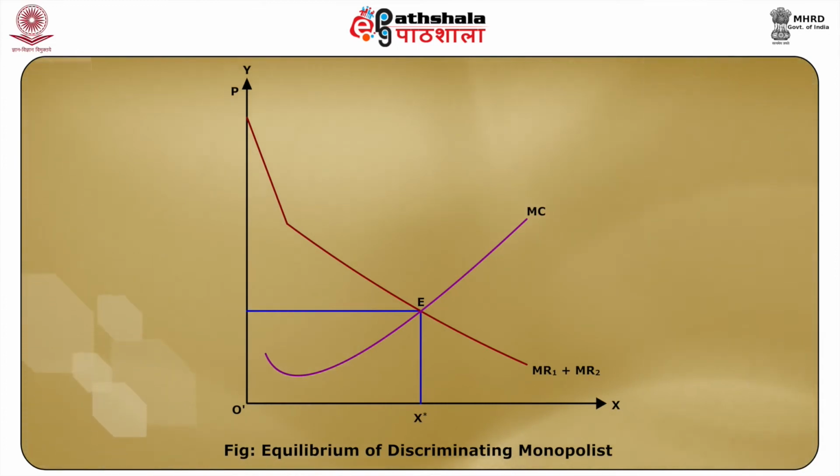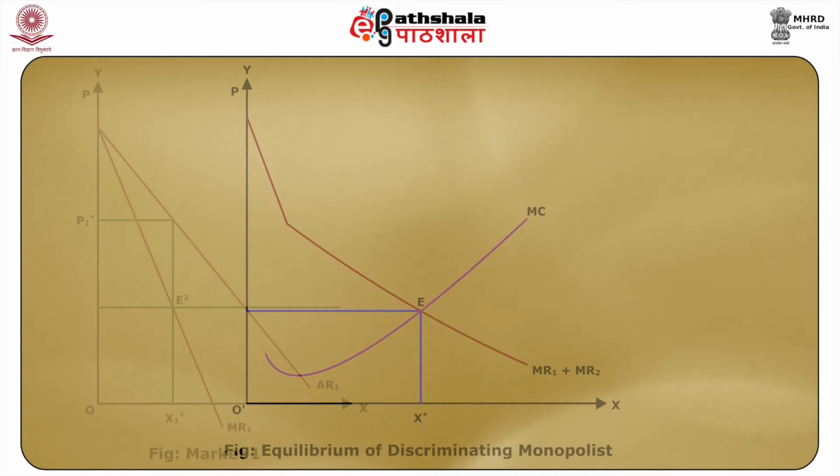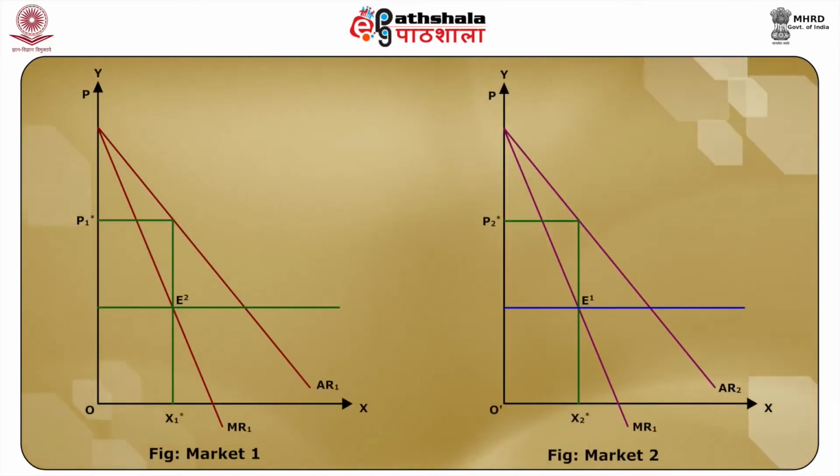The combined MR and MC curves intersect each other at point E. The figure indicates that at points E1 and E2, marginal revenue 1 is equal to marginal cost and marginal revenue 2 is equal to marginal cost respectively, which satisfies the condition of profit maximization for a discriminatory monopolist.